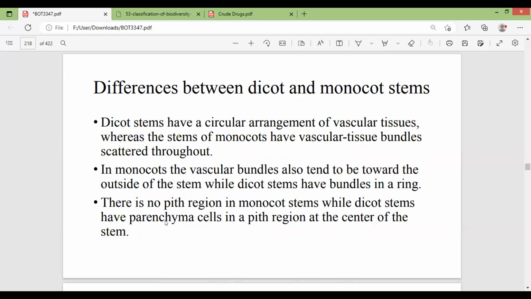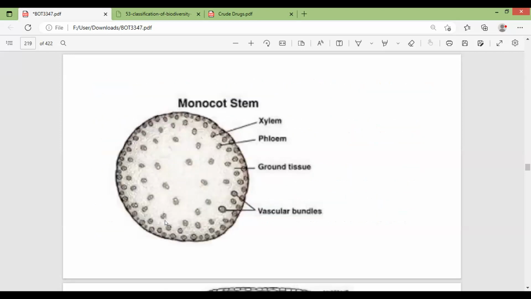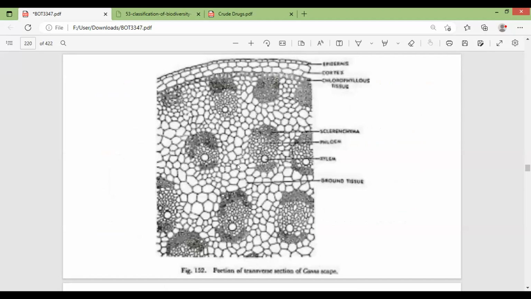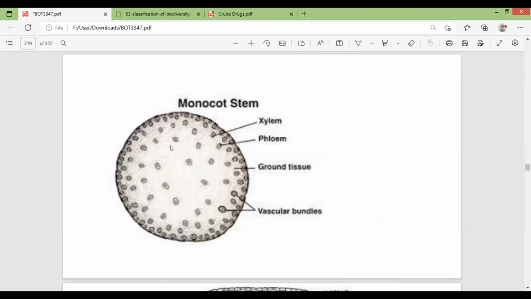Then the difference between a dicot and monocot stem, we had covered this. In the dicot stem, we'll see the vascular bundle, the xylem and the phloem, in a ring-shaped or circular shape. But in the monocot, it's in a scattered fashion.